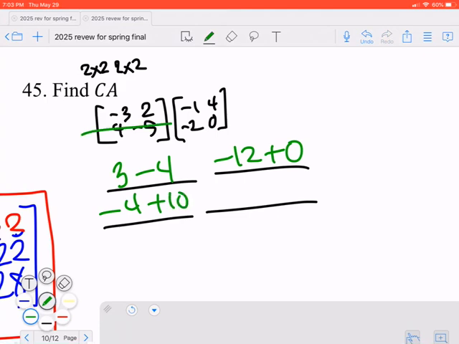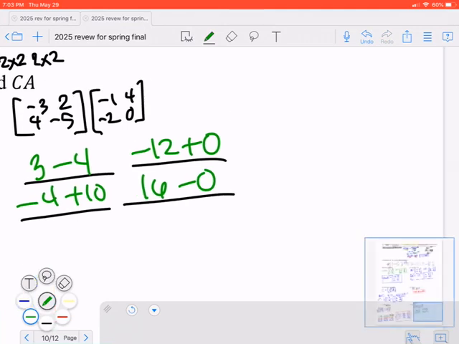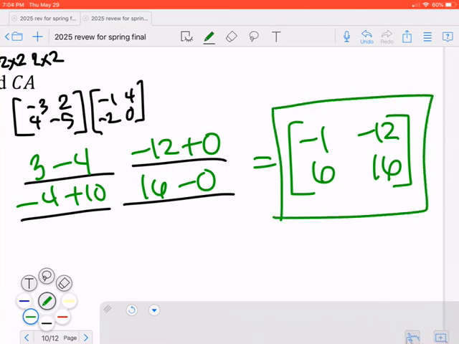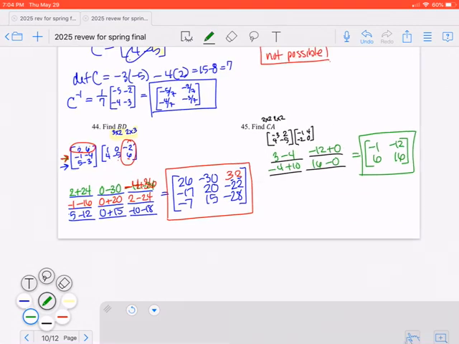Second row, second column. 16 minus 0, or plus 0, either one, same thing. And 3 minus 4 is negative 1, negative 12, 6, 16. And looking at my answer on my page, I did get the same thing. So I think we're good.